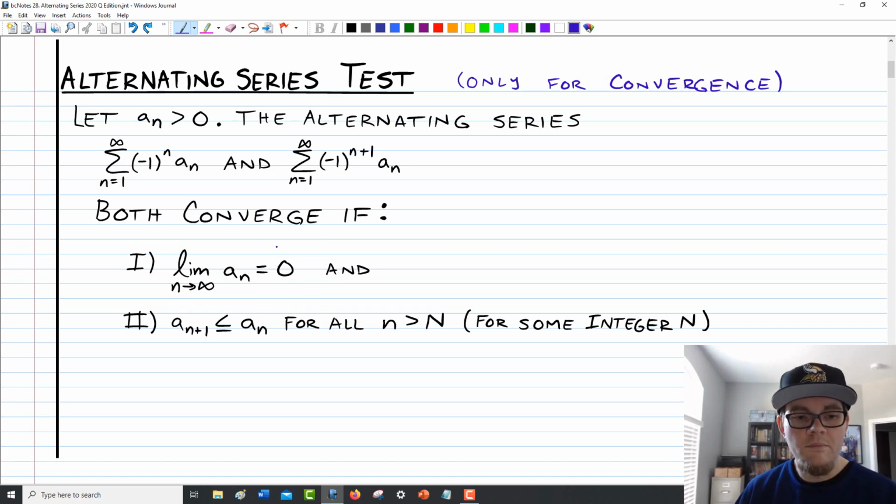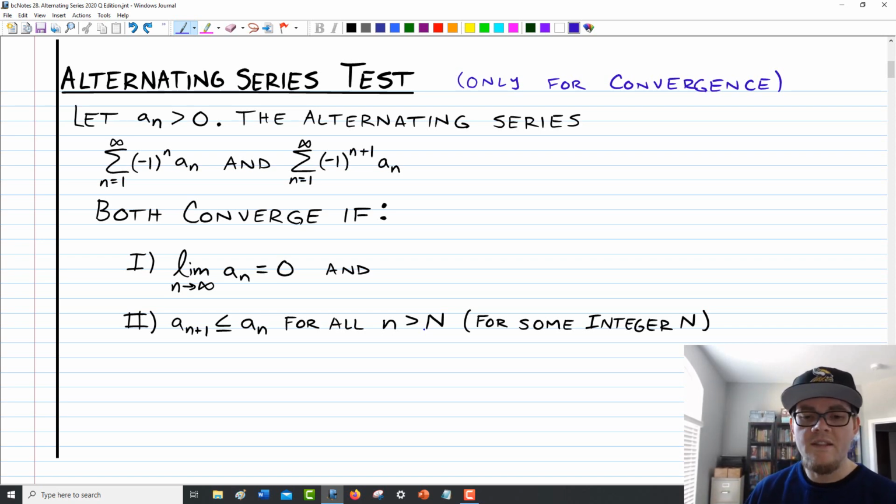But now in addition, technically I think I spoiled it, I said something about decreasing. That's not necessarily true from step A, but it is true from step B. It says that the n+1 term has to be smaller than the nth term for all n larger than some integer. And I've called that integer capital N here just for simplicity. Basically this is saying that your terms have to start uniformly decreasing after a certain point.